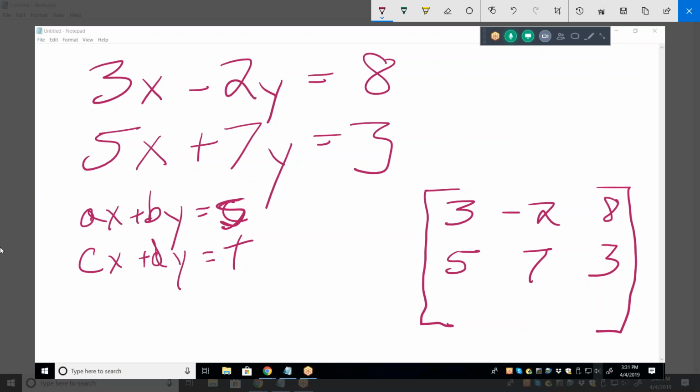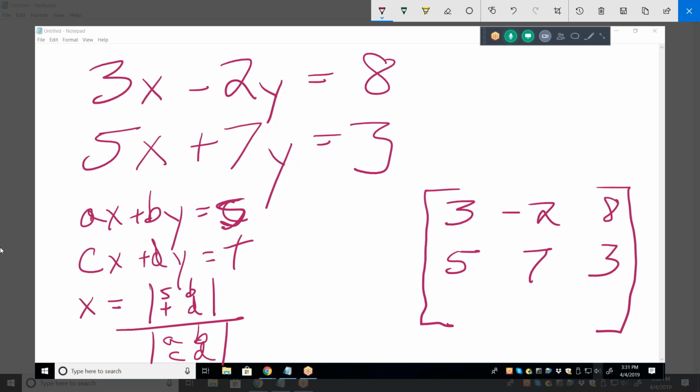All right. And if I want to solve that system of equations, x is equal to the determinant of s t, b d, and I'll give you a little clue as to how to memorize this, divided by the determinant of the left side, which is a, b, c, d.